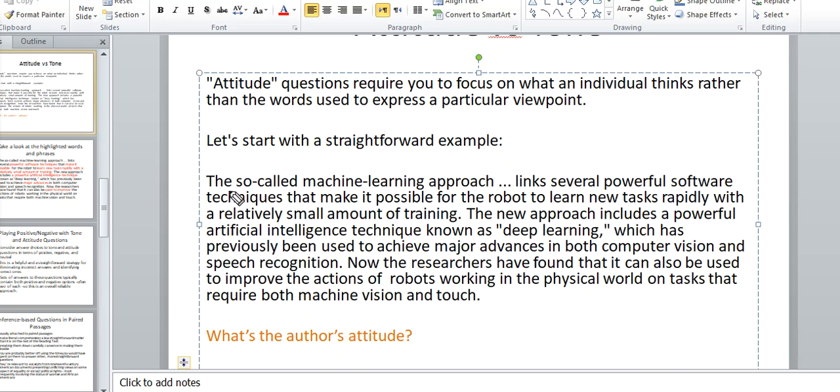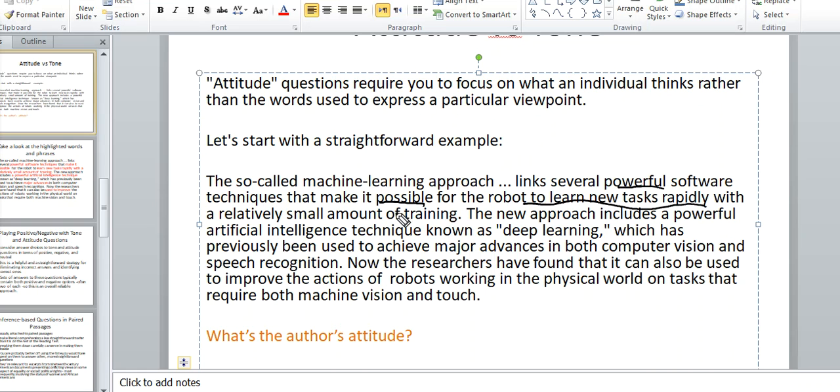So we start off with the so-called machine learning approach links several powerful software techniques that make it possible for the robot to learn new tasks rapidly. Learn new tasks rapidly is a good comment.